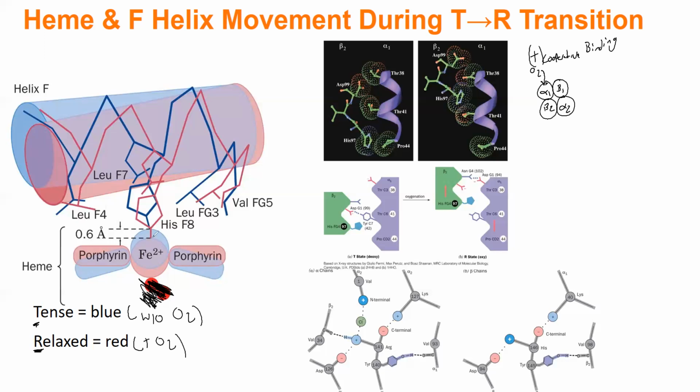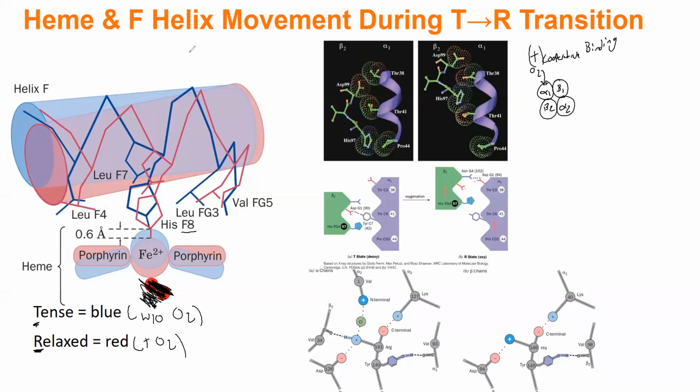And like I said, this iron is interacting with histidine F8, and it's called F8 because it's on the F helix and it's amino acid number 8. So His F8 is interacting with this iron. And this histidine is connected to the whole other helix in our protein. So this blue cylinder is just a bunch of amino acids that's very simplified.